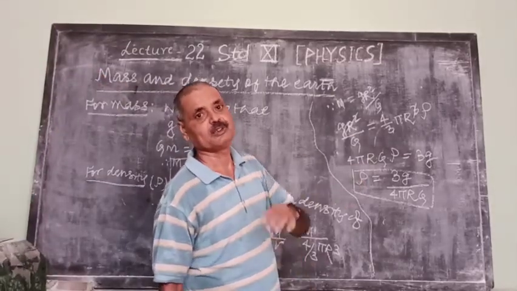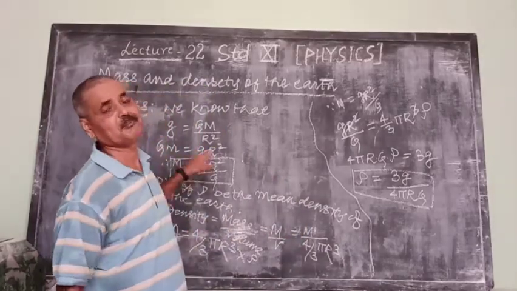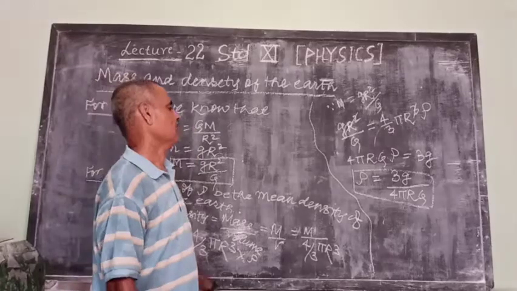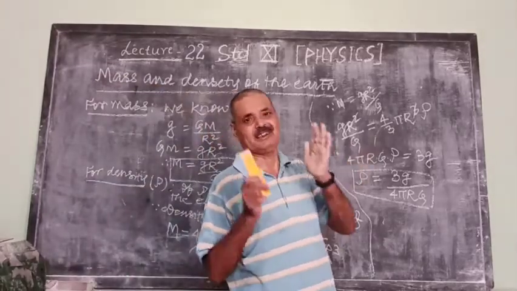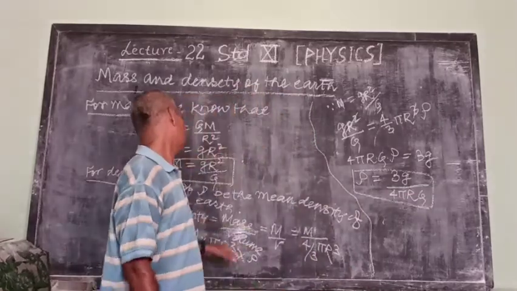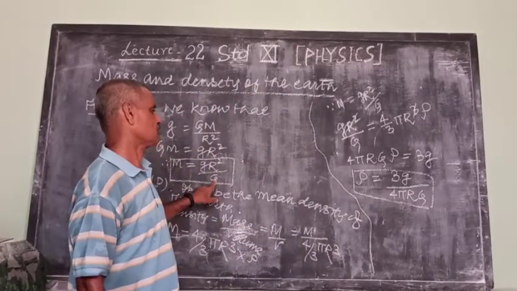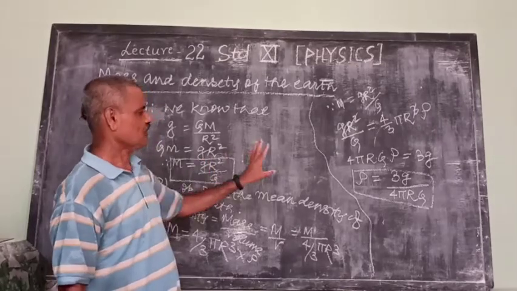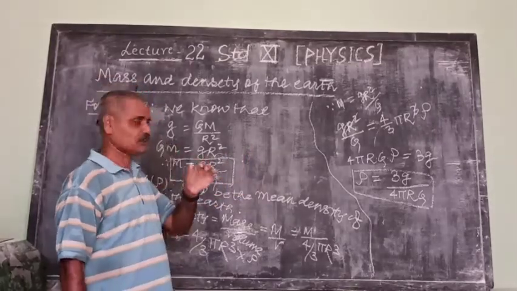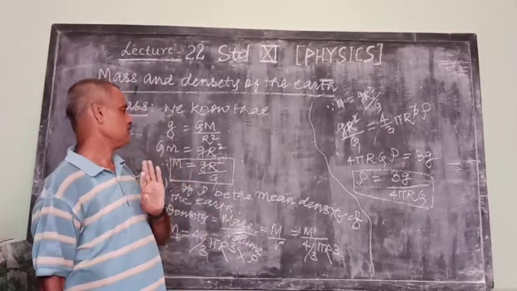Now we can easily calculate what should be the mass of the Earth and what should be the mean density of the Earth by knowing the values of these. On the surface of the Earth, the value of g is fixed, 9.8.